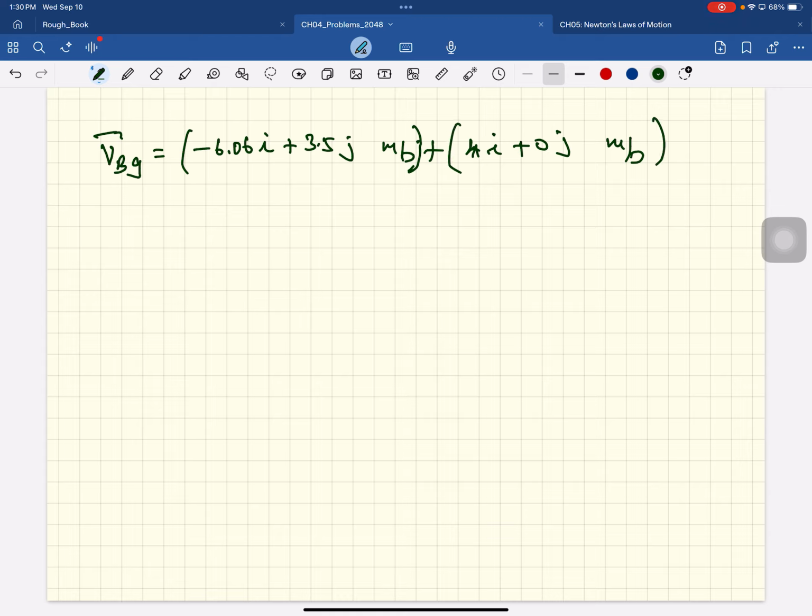Okay, so it's minus 2.06 i plus 3.5 j meters per second.